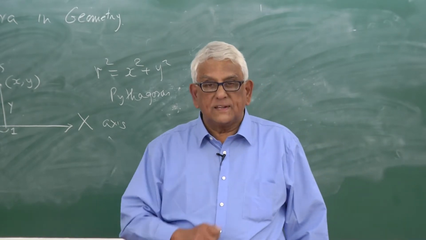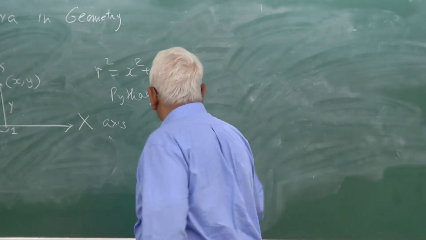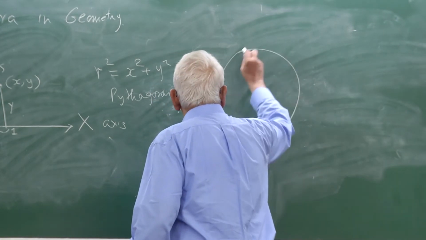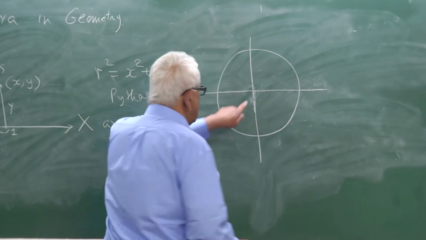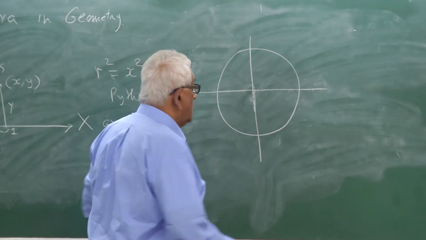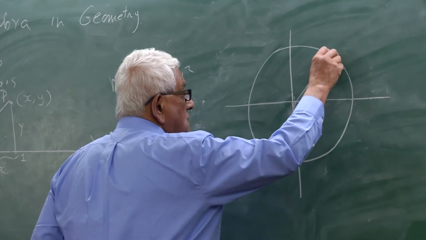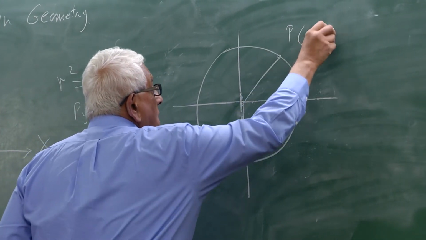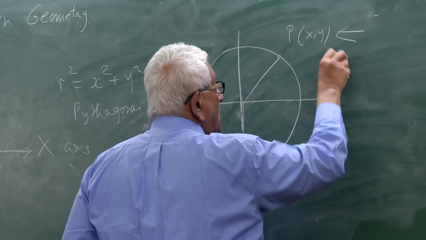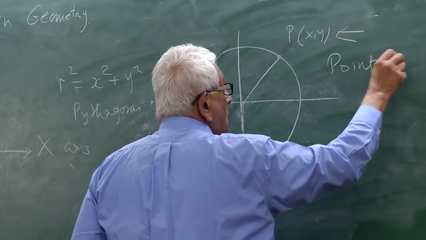So I will just give one example. Suppose we have a circle. We choose the center of the circle like this, and we choose a point on the circle, which is point P, a point on the circle.